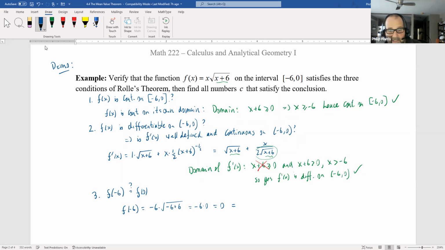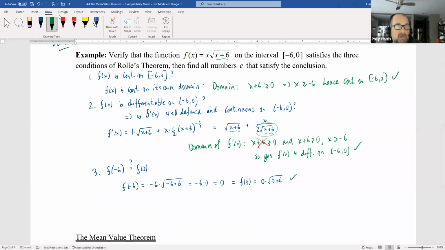On the other hand, f of 0 is 0 times the square root of 0 plus 6. That is also equal to 0. So the third condition is also satisfied. So the three conditions of Rolle's theorem are satisfied.